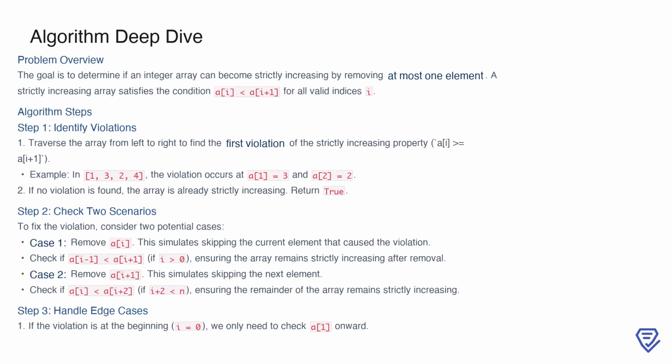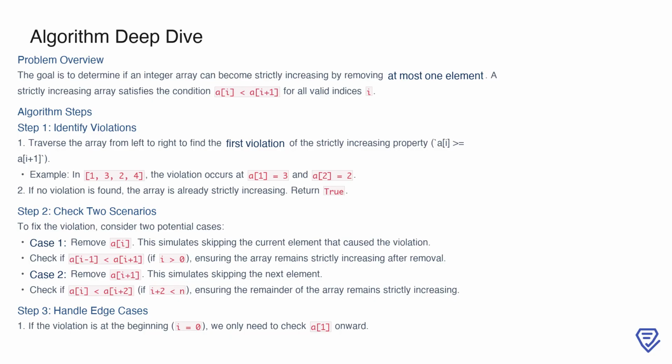To solve this problem, we need to determine if an integer array can become strictly increasing by removing no more than one element. A strictly increasing array means that for every index i, the condition nums[i] < nums[i+1] must hold true. To achieve this, the algorithm starts by identifying any violations of this property. We traverse the array from left to right and look for the first instance where nums[i] >= nums[i+1].